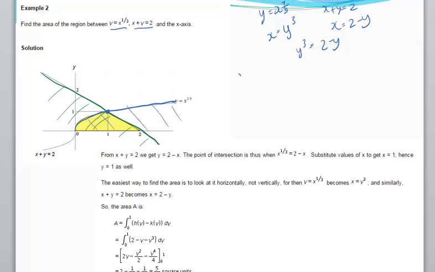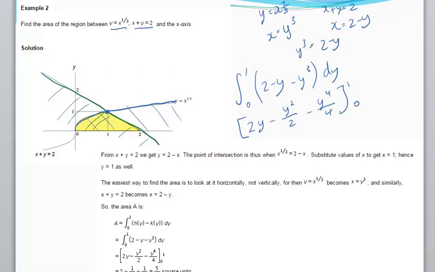So here we're integrating between 1 and 0 on our y-axis. And we're going to substitute in 2 minus y minus y cubed. So we integrate these, we're going to get 2y minus y squared on 2 minus y to the power of 4 on 4, between 1 and 0. We substitute our points in.